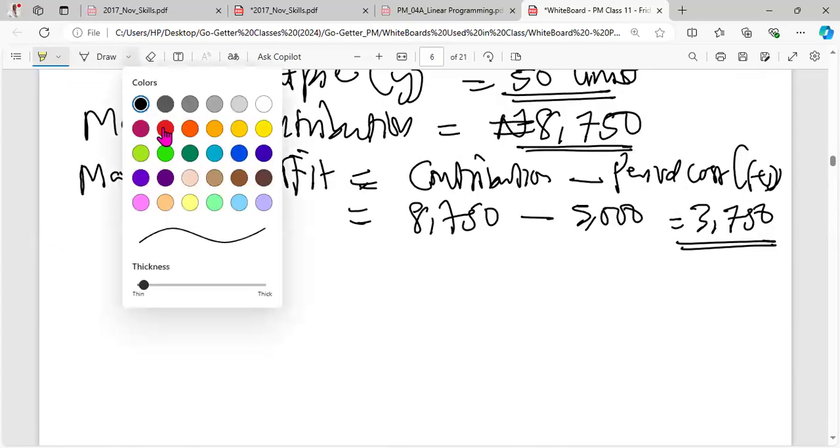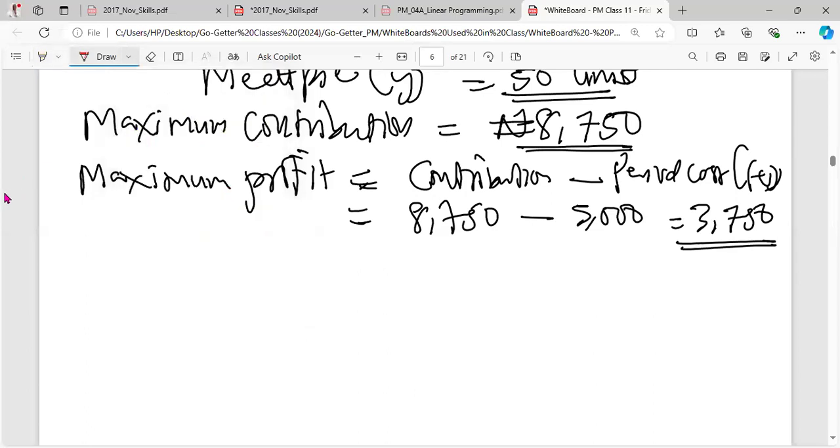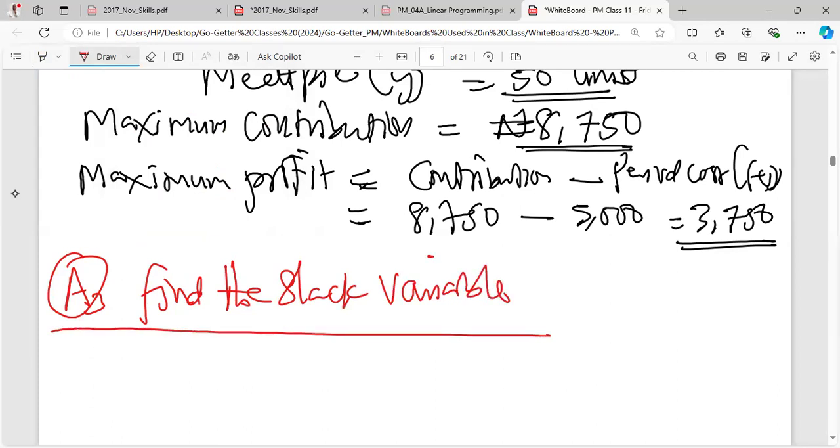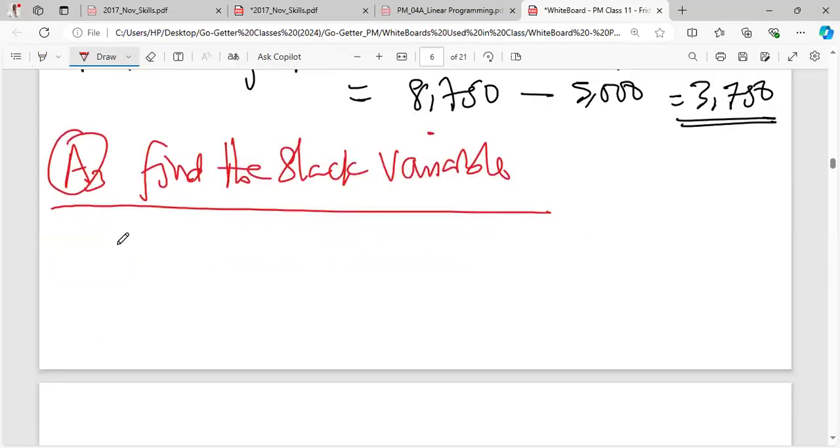So I'll come here and I'll say A3, find the slack variable. We are going to do a test to know it, but I will show you after the test the short way to know it.